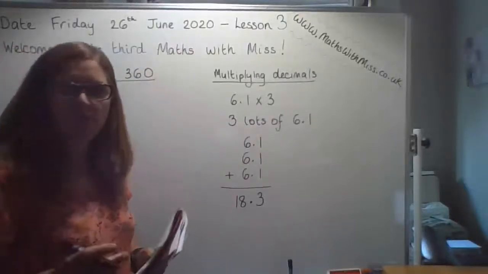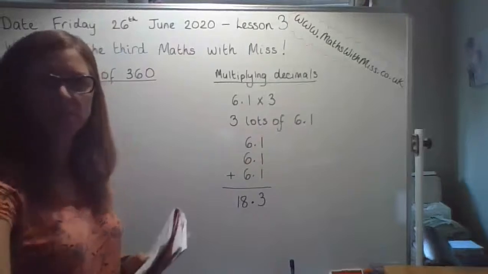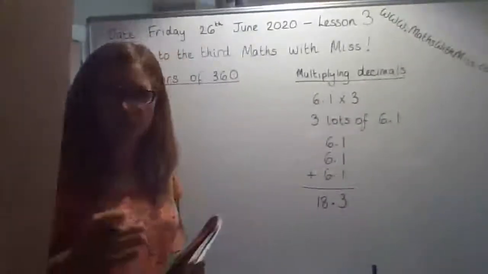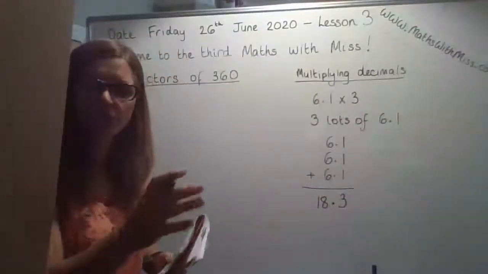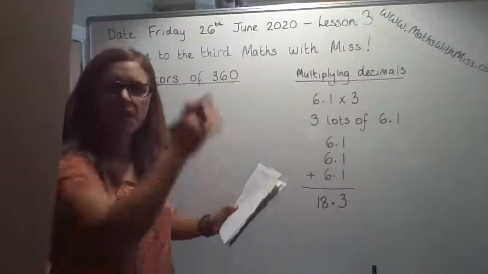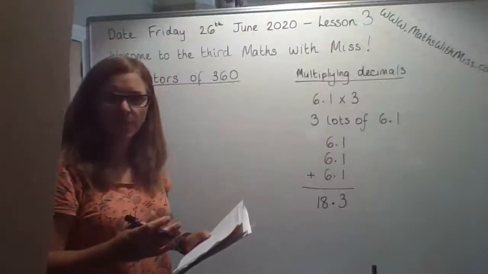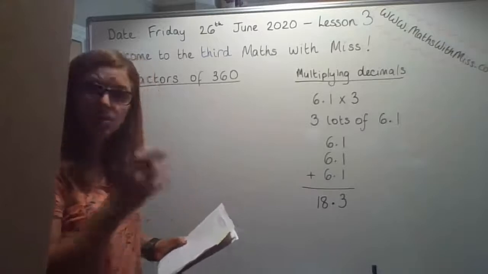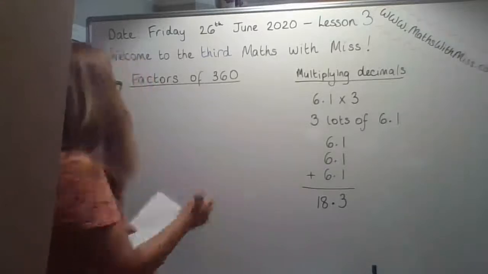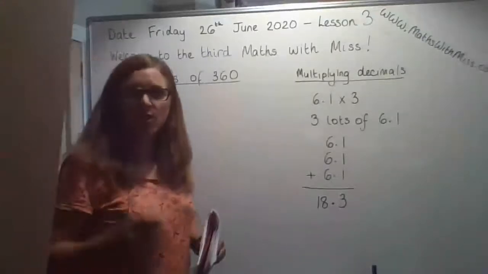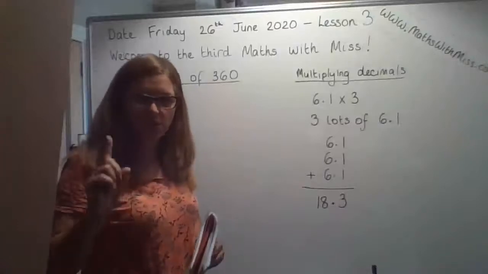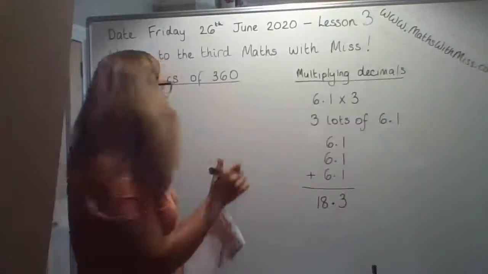Now you may remember we talked about factor bugs and factor trees, factor bugs, rainbows, and then putting it in table form. So today we're going to just go straight to the table form. So we know, remember, we always start with 1 and the number itself.